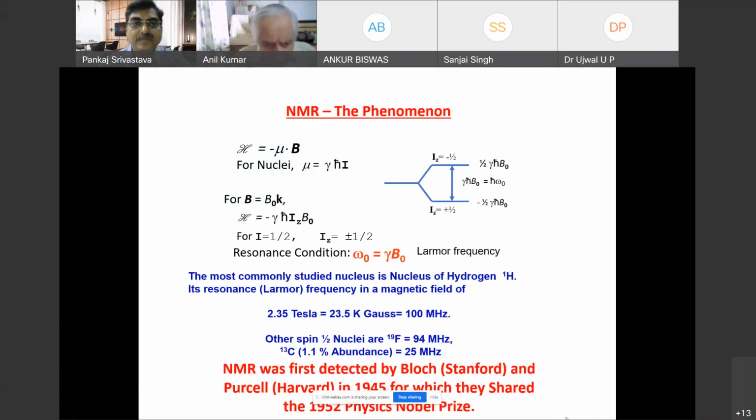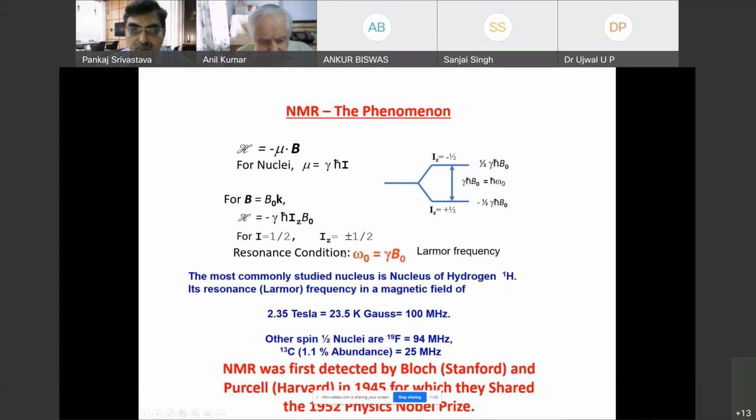If you apply a steady B naught field along the Z direction, the interaction reduces to minus gamma h cross Iz B naught. And for I equal to half, Iz is plus minus half, and the degeneracy splits into two. The gap is given by gamma h cross B naught, which is h cross omega naught. We call this the Larmor frequency.